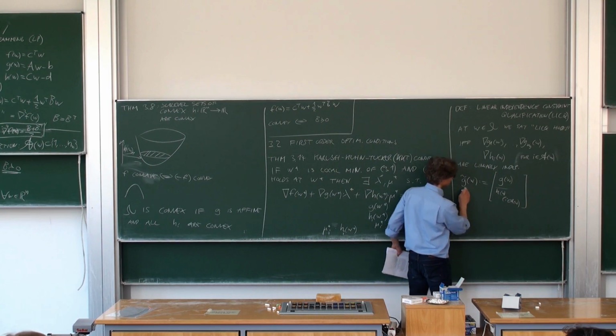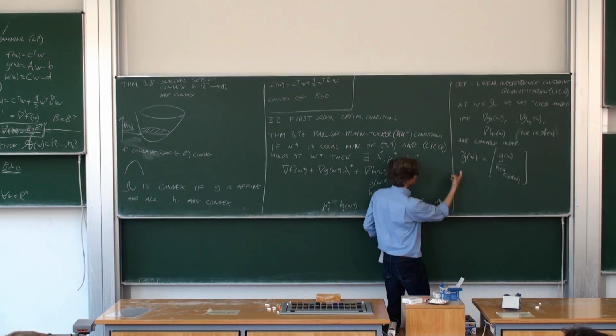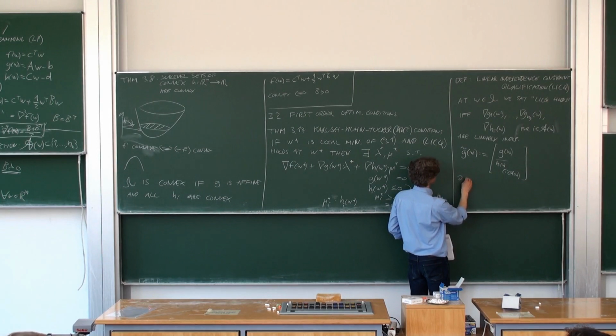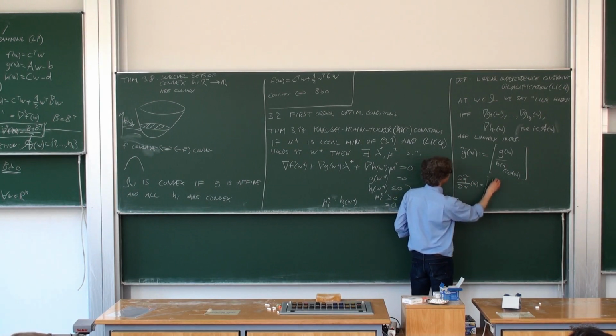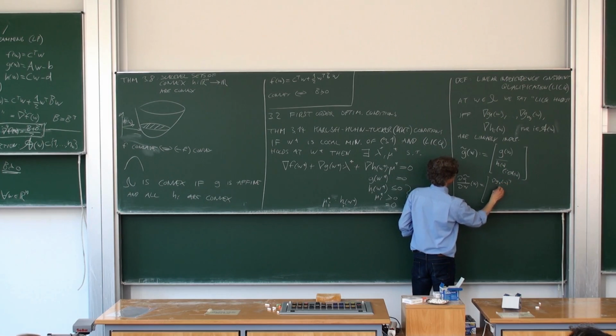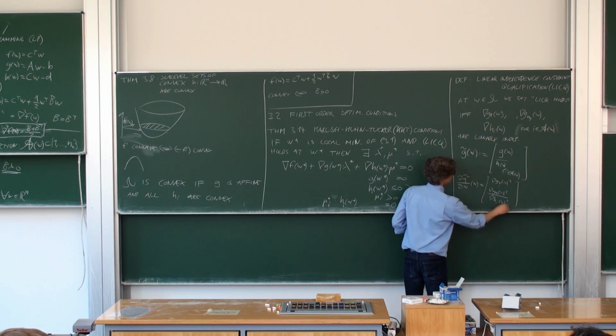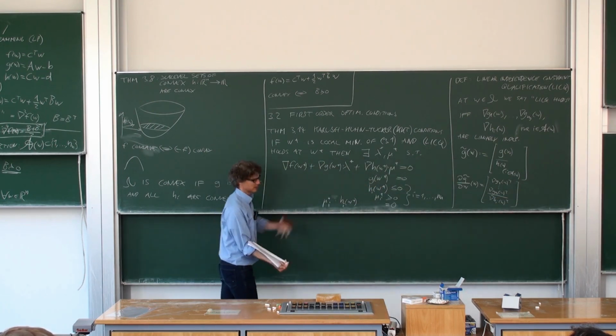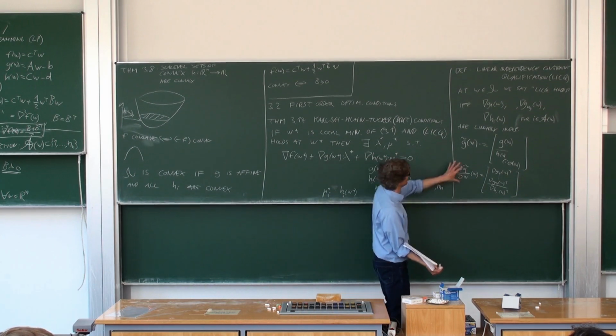Now I could compute the derivative of this function, g tilde, with respect to w, at this point w, and I will get all the gradients transposed here, the gradient of g, and then all the gradients from the hi, and you see that this matrix is actually telling you everything about LICQ.